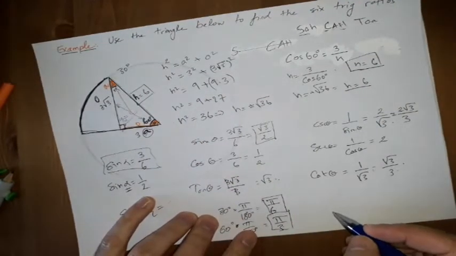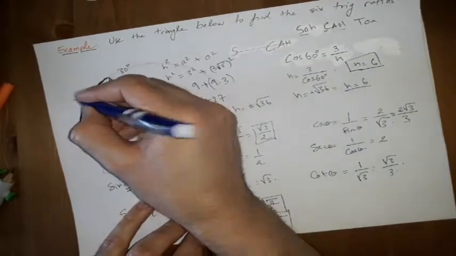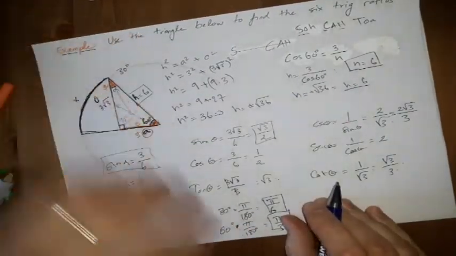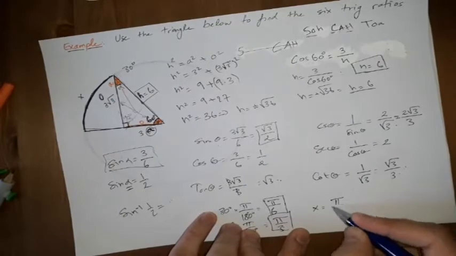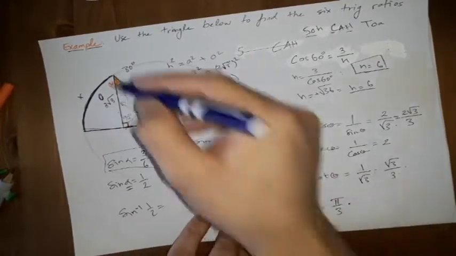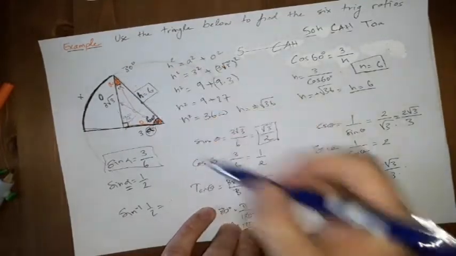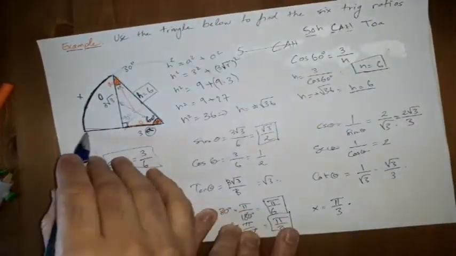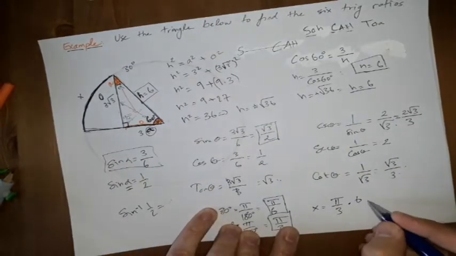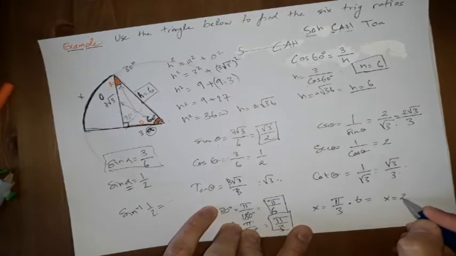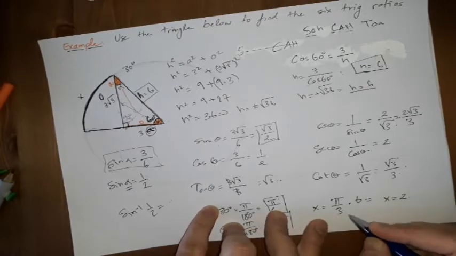If I call the arc length x, x equals this angle in radians, pi over 3, which is 60 degrees, times the radius. What is the radius? The radius is the hypotenuse right here, so it's times 6. So x equals 2 pi, if I divide by 3.